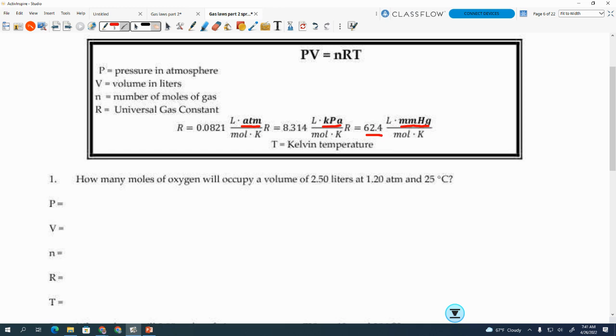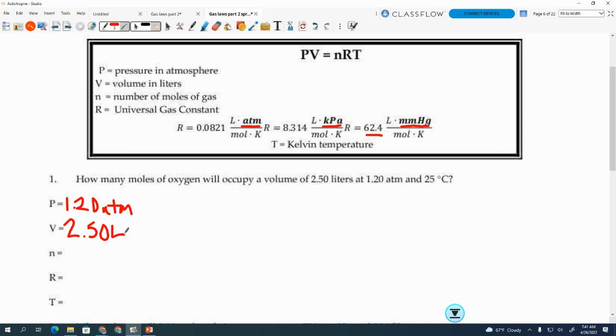Now, question number 1 says, how many moles of oxygen will occupy a volume of 2.5 liters at 1.2 atmospheres and 25 degrees Celsius. So we have a pressure, 1.2 atmospheres. We have a volume, 2.50 liters.